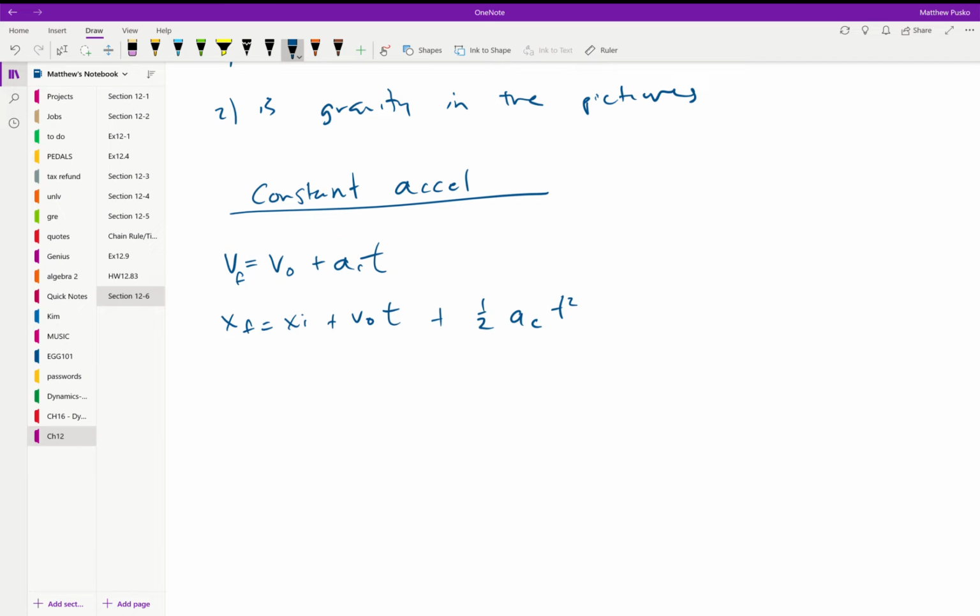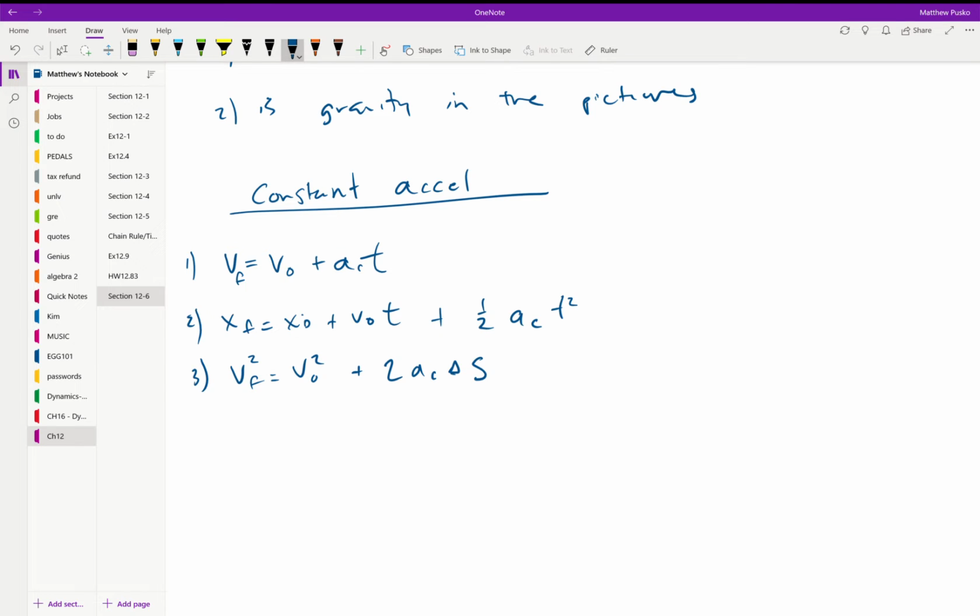And then we had the time independent equation that we derived, v final squared is equal to v naught squared plus 2 times the acceleration times delta s, whatever dimension we might be in. So 1, 2, and 3.